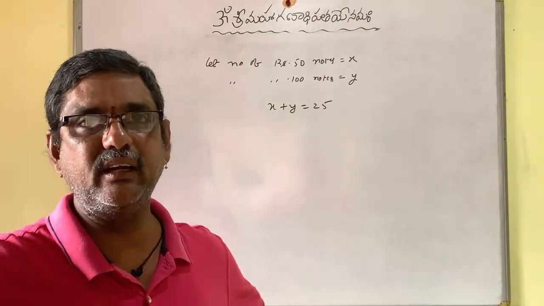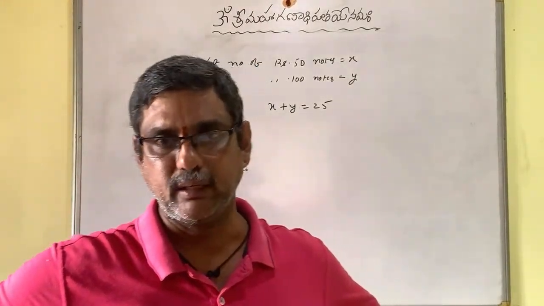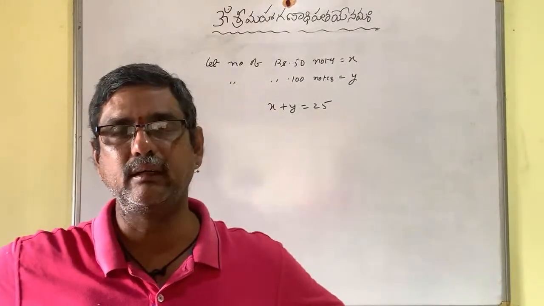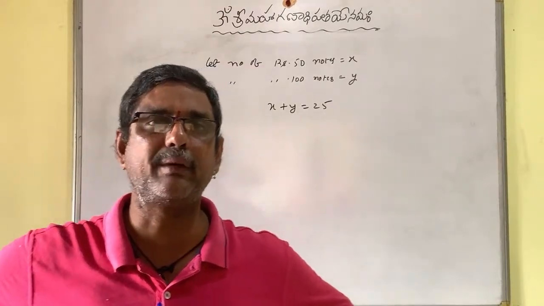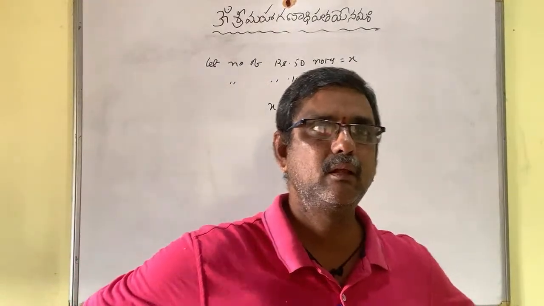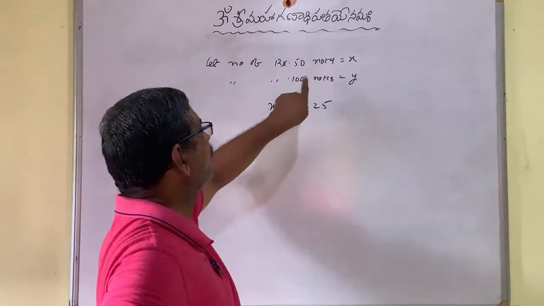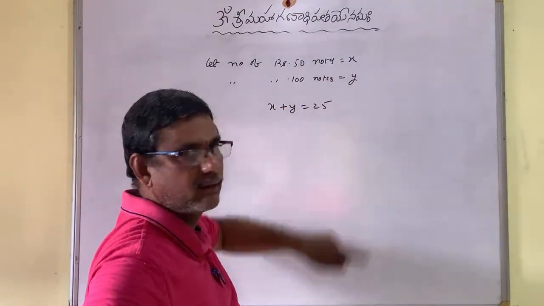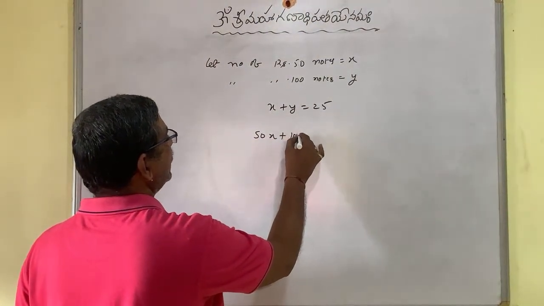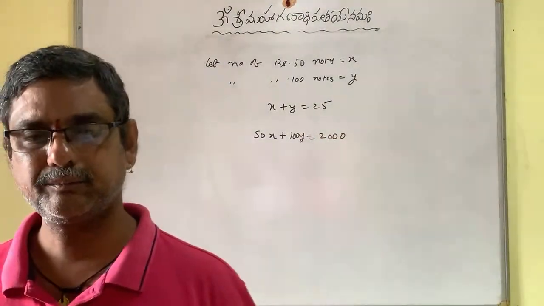Next, what is the next condition? She went to the bank to withdraw rupees 2000, and she got those 2000 rupees in terms of 50 rupee notes and 100 rupee notes. Is that right? How many 50 rupee notes are there? x. And how many 100 rupee notes are there? y. That means 50 into x plus 100 into y is 2000. Is this right or wrong, children?